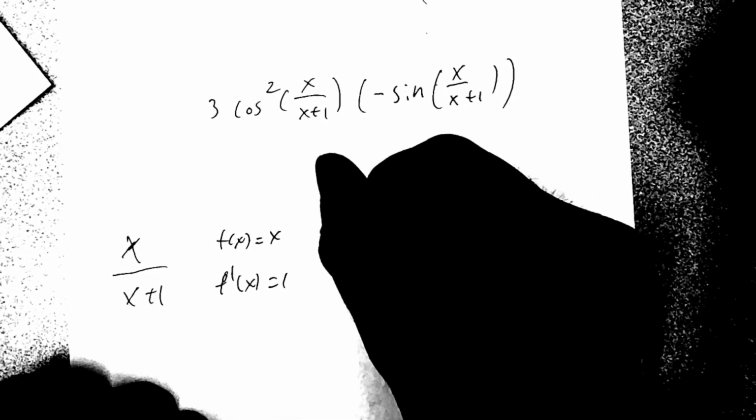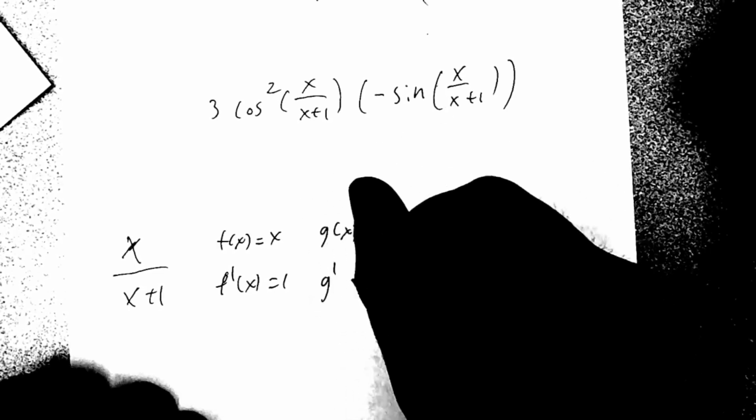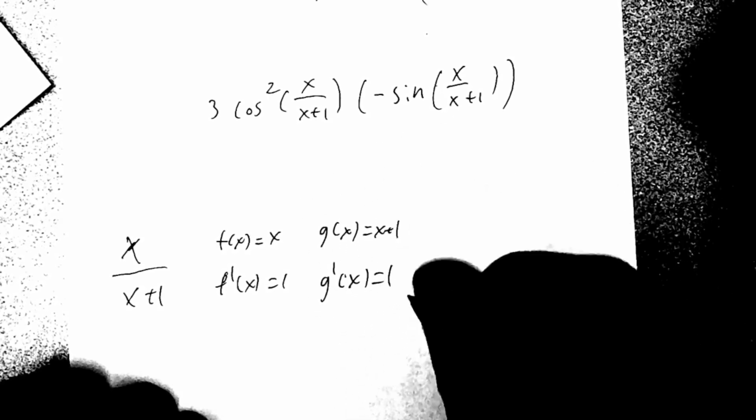So we're going to have f of x equals x, derivative equals 1, g of x equals x plus 1, derivative equals 1.